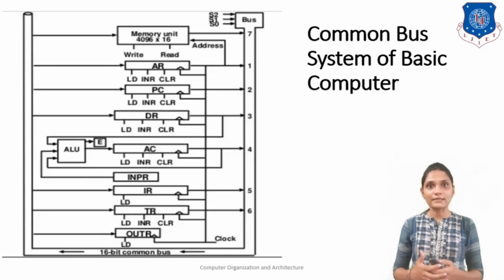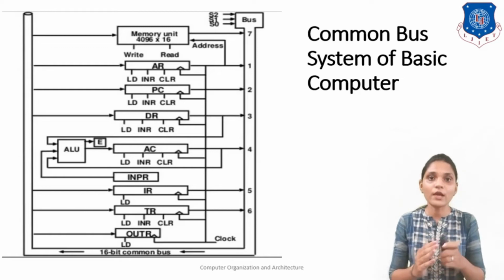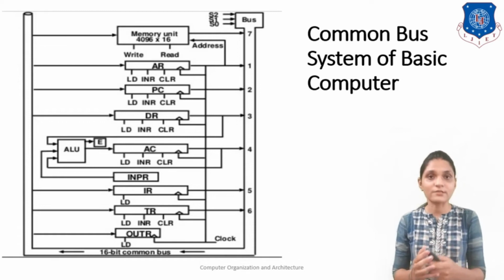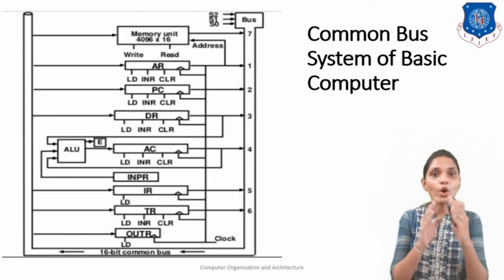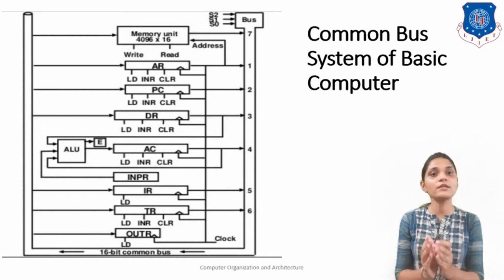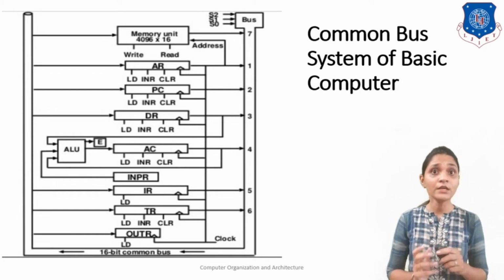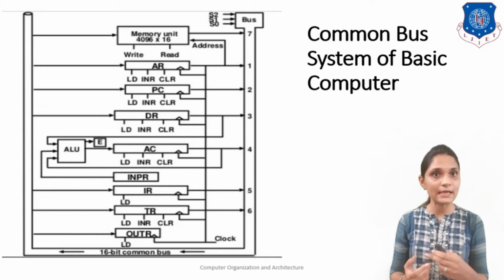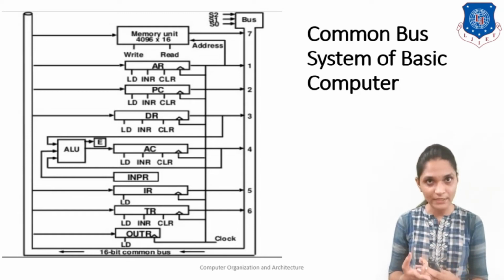We can use it like this. Here I have listed all of the registers that we have discussed earlier, the basic registers we are going to use in our system, along with the memory, and how all of these registers and memory are connected is shown in this figure. Here memory has two controls, read and write, to read data from the memory and write data into memory.